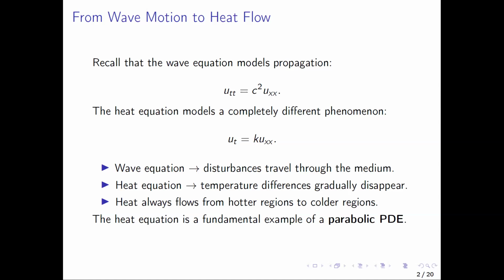But the heat equation in this lecture models a completely different phenomenon: u_t equals a constant times u_xx. If you analyze the difference between the wave and heat equations, for the position variable x we have the second derivative, the curvature, but for time we have u_t.